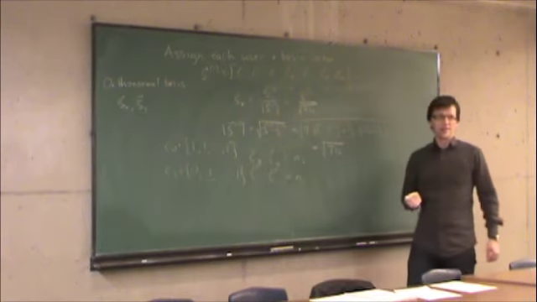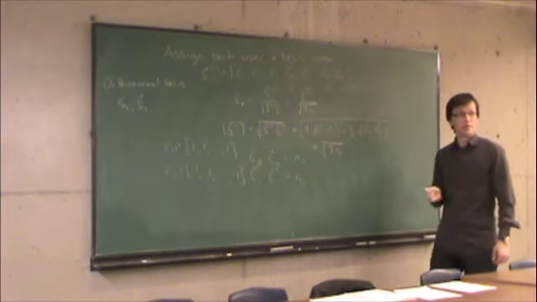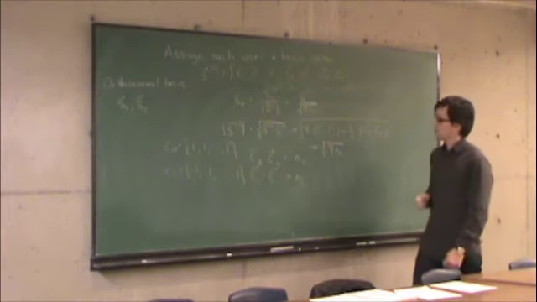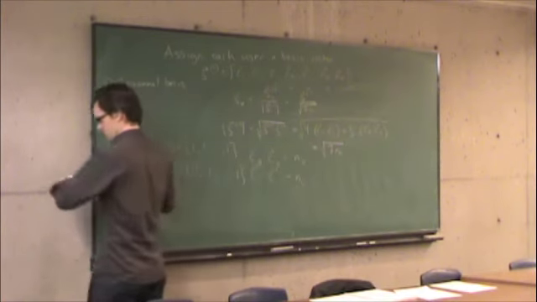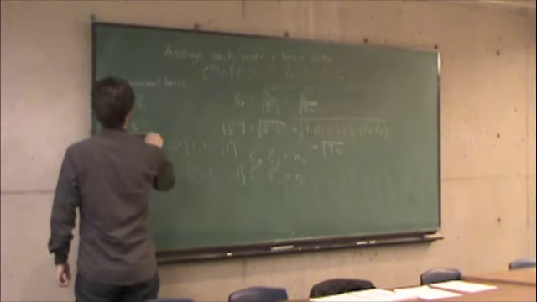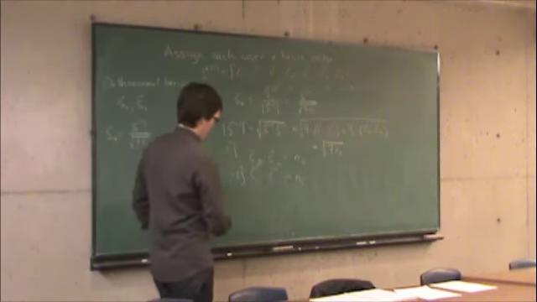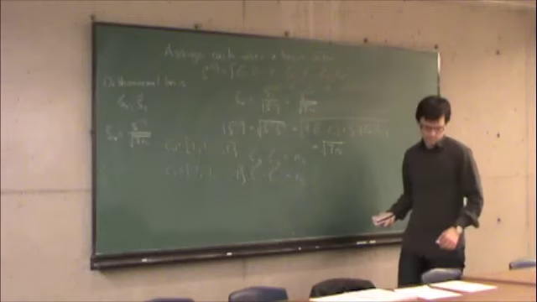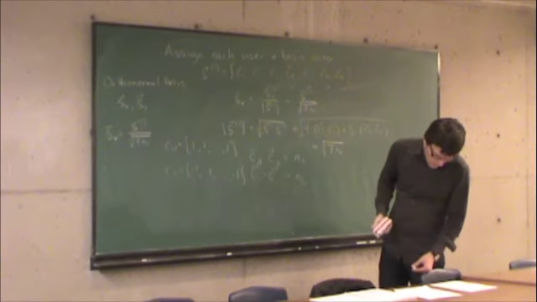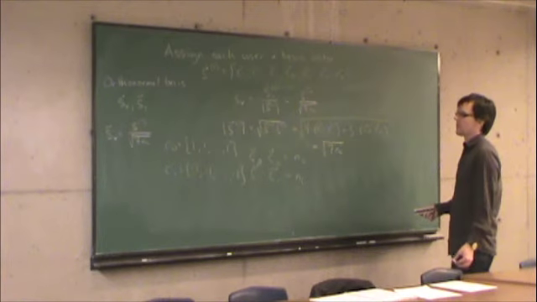Generally, if the chip sequence were longer, this 7 would be replaced by the number of chips, LC. Okay, so that's the easy part.